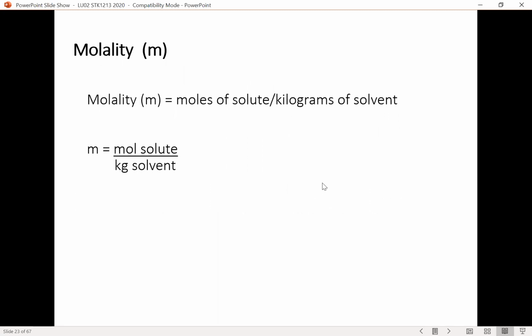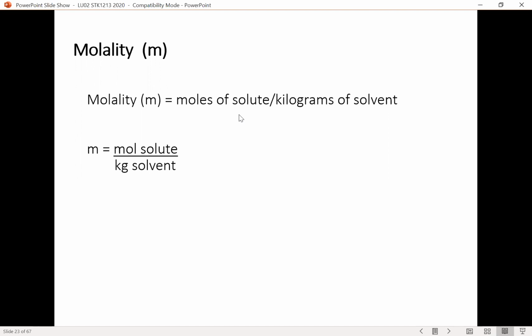Now we move to another unit of concentration, which is molality. Molality and molarity are not the same. Molarity is represented by capital M and molality by small m. Molality means moles of solute per kilogram of solvent.